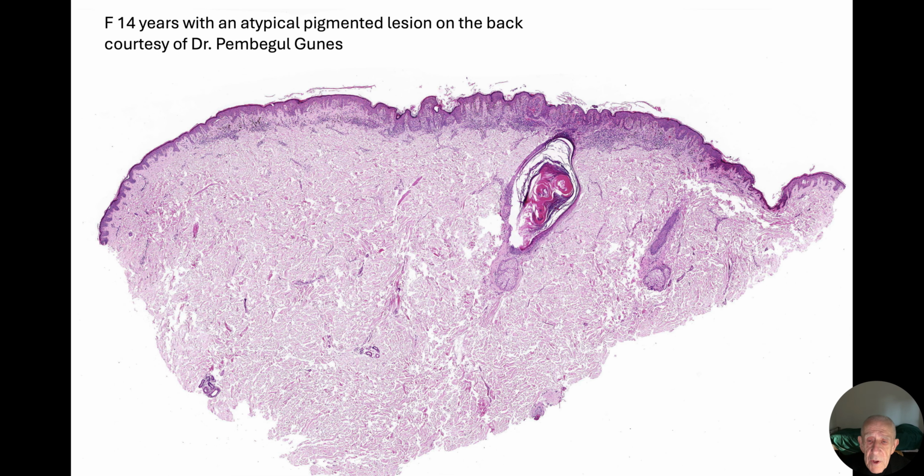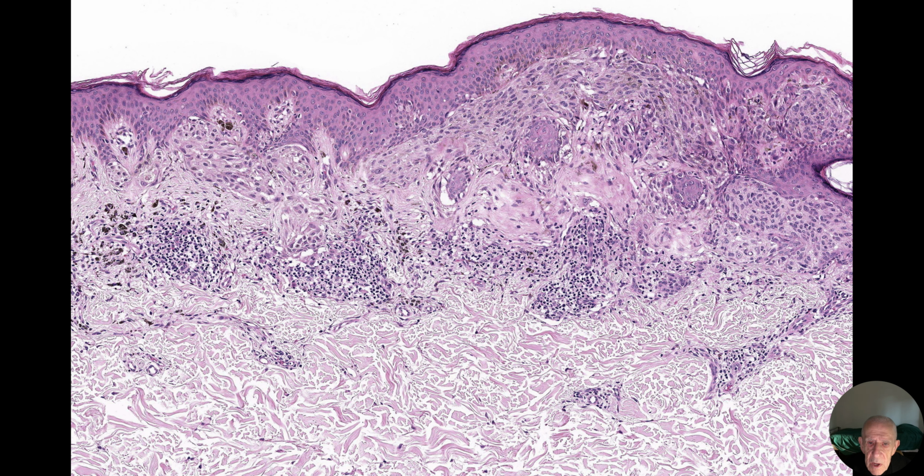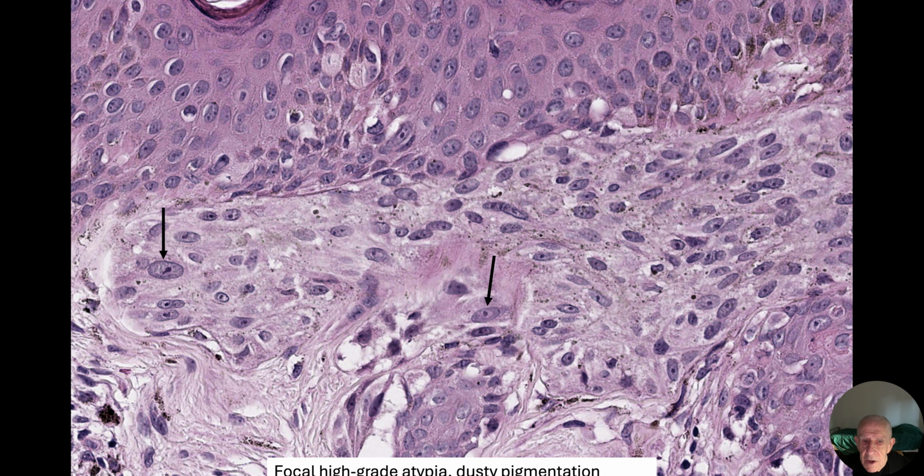And here's one that did have some immunohistochemistry. This is another one from Pembergol, and there's a medium power view showing tremendous architectural disorder. So I don't think there's any doubt about the diagnosis of dysplastic nevus. And there's that view that I showed earlier on. It's such amazing bridging, absolutely amazing, beautiful.